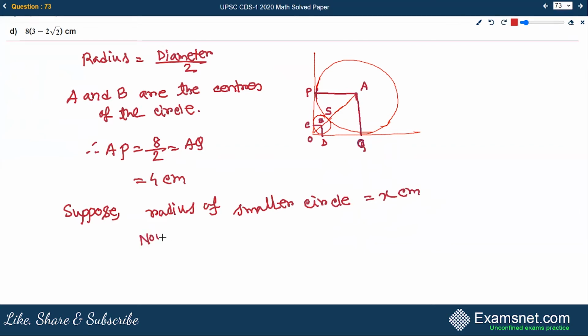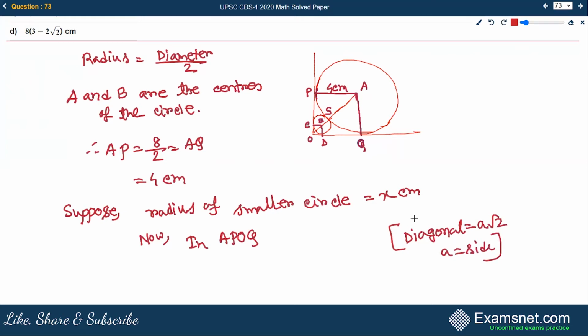Now in this square APOQ, we know the side is 4 centimeter, and there is a relation for the square that the diagonal equals a root 2, where a is the side. This is for a square only.